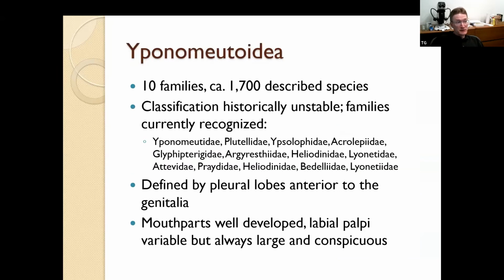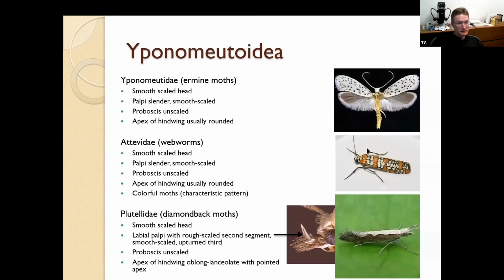The Yponomeutoids is another large group. There's 10 families within this superfamily. I won't talk about the really specific characters here, but just show you some examples. So the Yponomeutids are usually distinctive in that they have white wings, a lot of times with black spots on them, like the one in the upper right here.